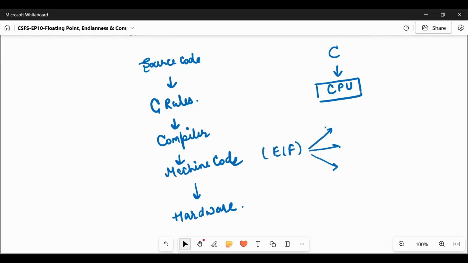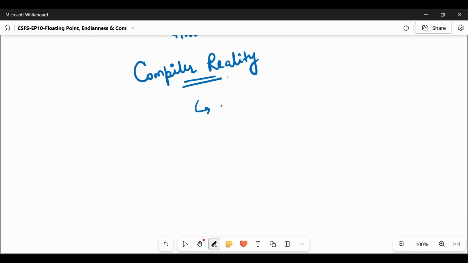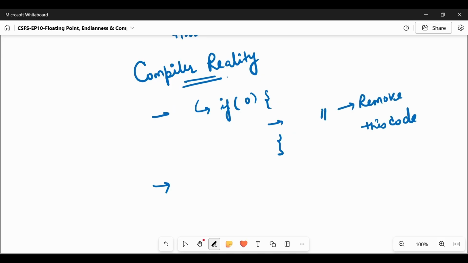Next is, what is the compiler reality? What actually happens at the compiler level? We have an optimization technique where, if you have any function with if (0) do some work, the compiler, while compiling, will simply remove this code. It totally depends upon the compiler how it takes it. If (0), no code will run. It will not go check what all statements are there.